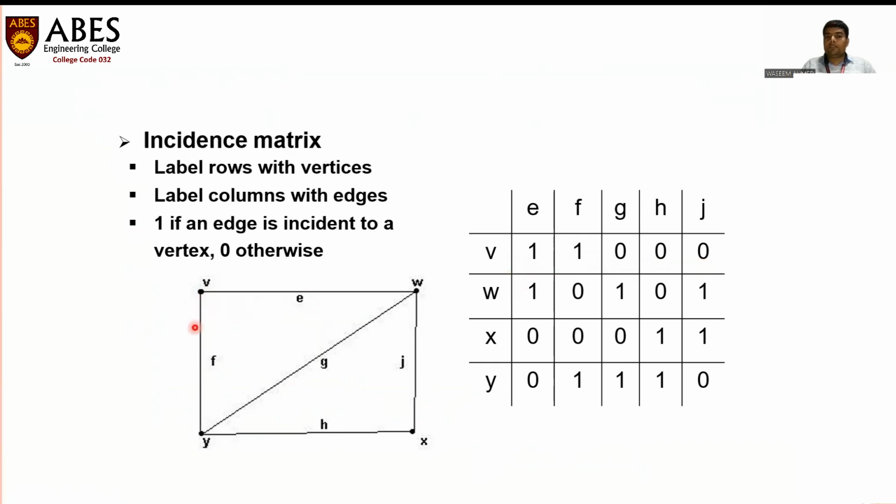So on vertex V1, the edges F and E are incident, so we take 1, and for the remaining ones we take 0, because H and J are not incident to vertex V1. So this is all about the terminologies and representation of graphs. Thank you.